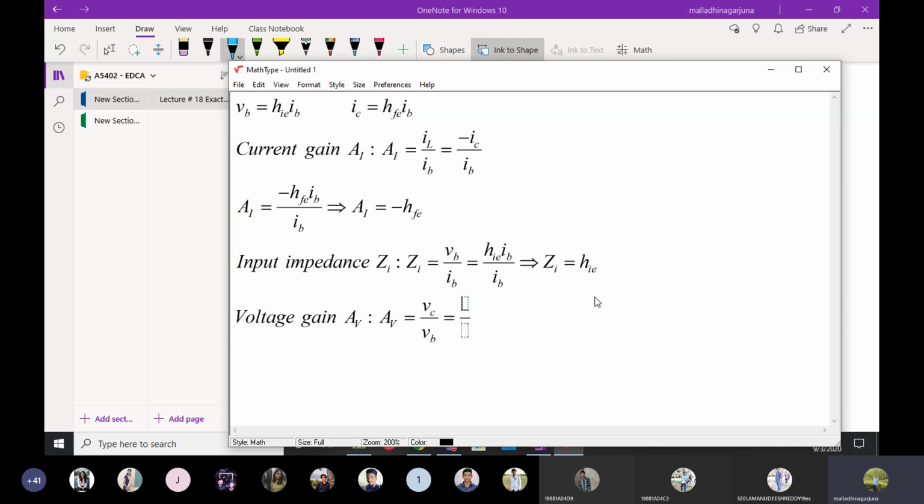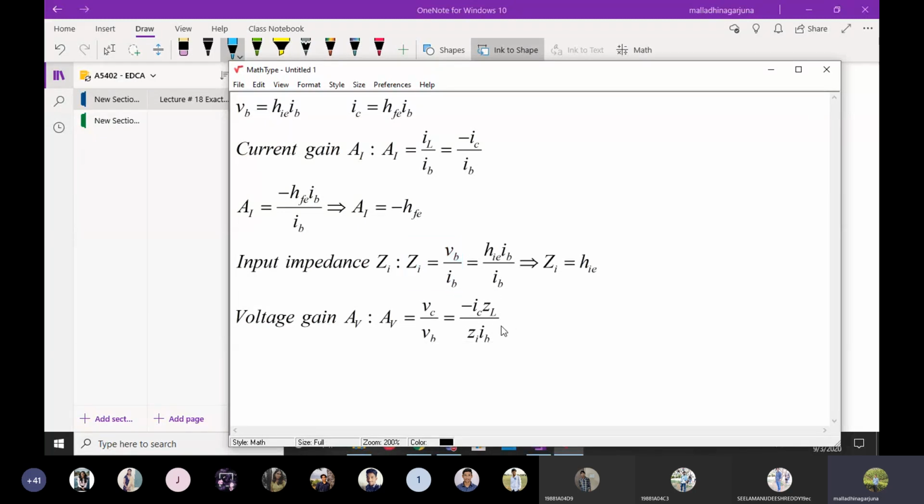VC is nothing but minus IC into ZL, and VB is equal to ZI into IB.